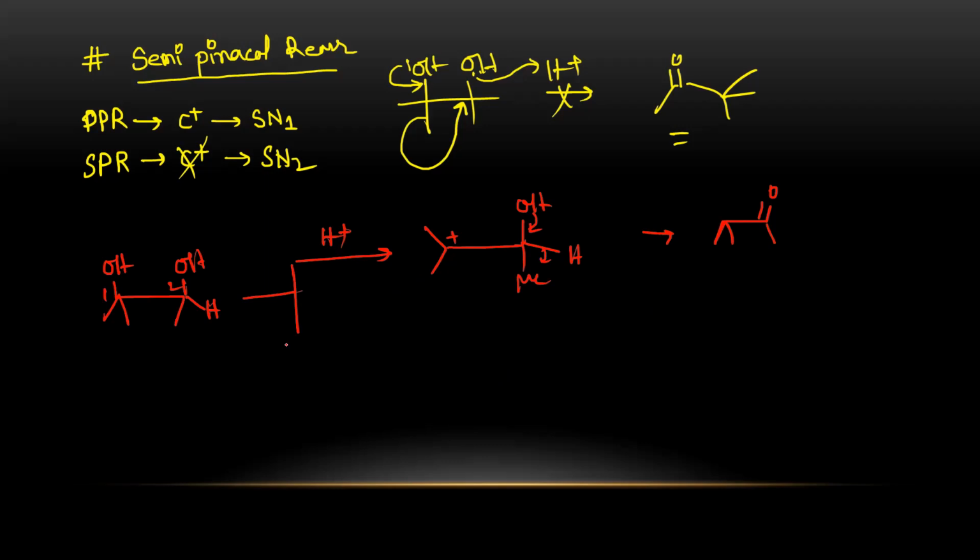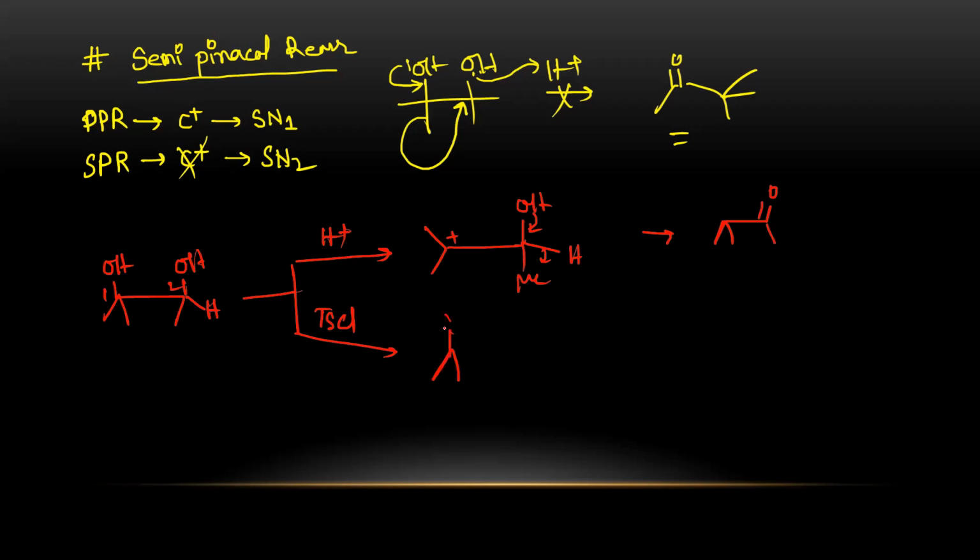But if we add tosyl chloride, TsCl, then one OH group is going to attack the tosyl, and OH will be converted to OTs. Now the tosyl group is a very large, bulky group. Then which OH is preferably going to attack tosyl? The second one, because the steric hindrance is less there.